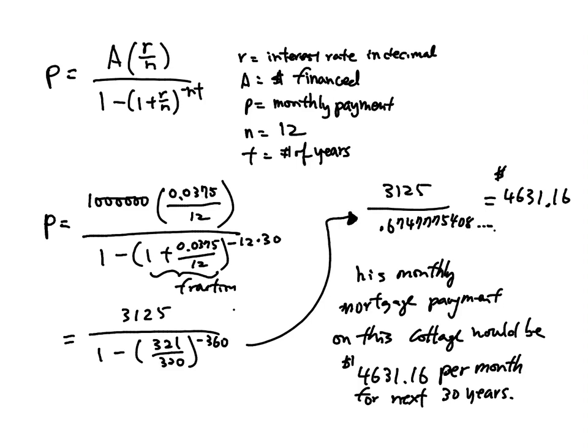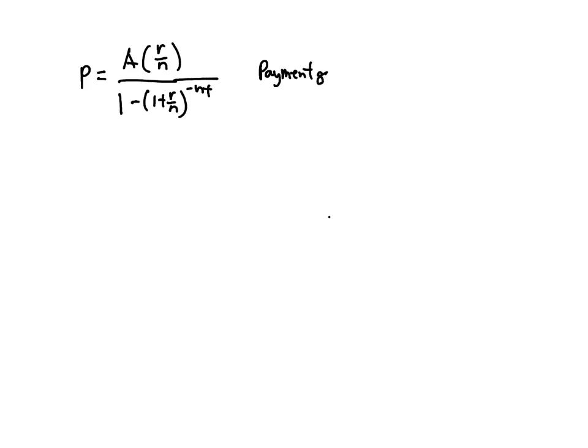Let's figure this out right here. This time we're still using the same formula, but we're trying to figure out what happens if the payment goes up and what happens with time.